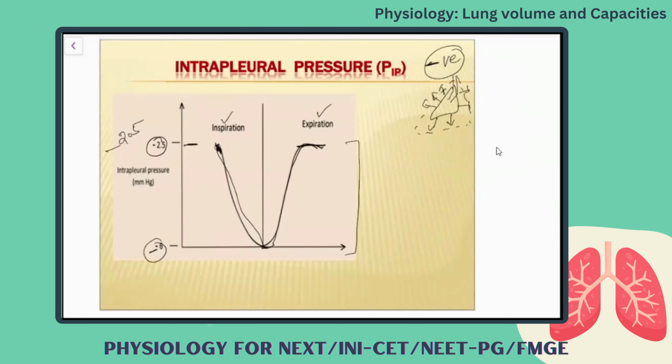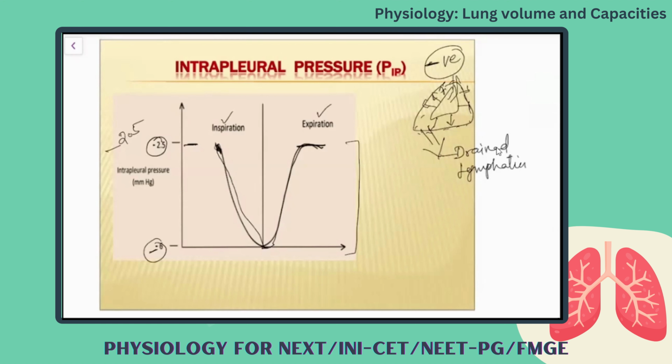And how this intrapleural pressure maintains its negativity is because the pleural fluid is continuously drained by the lymphatics. The pleural fluid is secreted by the pleural cells, and after the secretion it has to be drained, just like how we have the CSF drainage from the arachnoid villi.